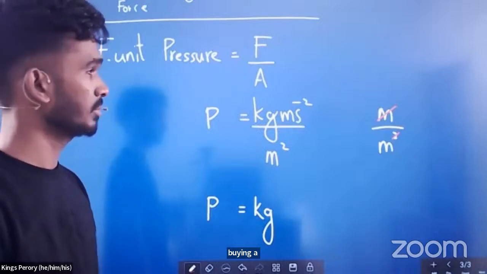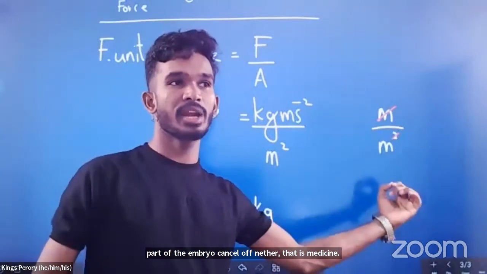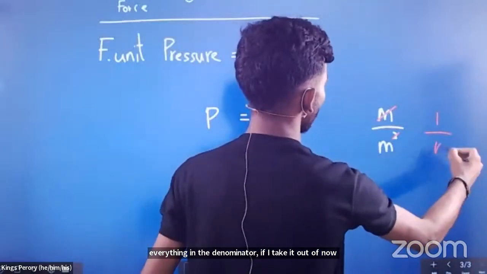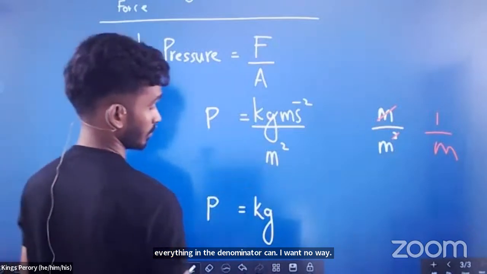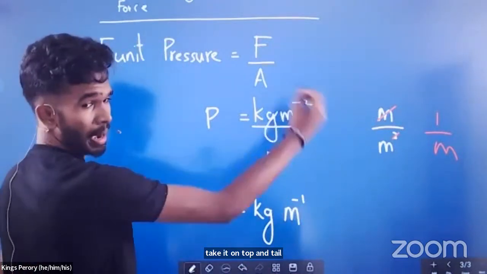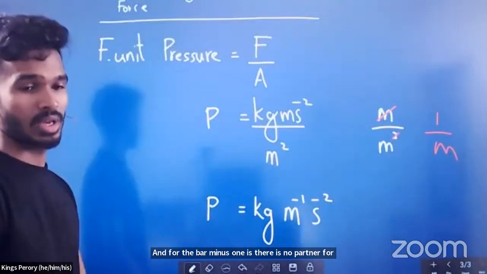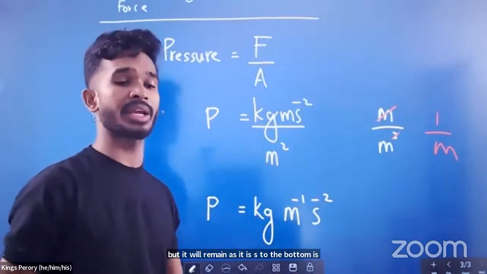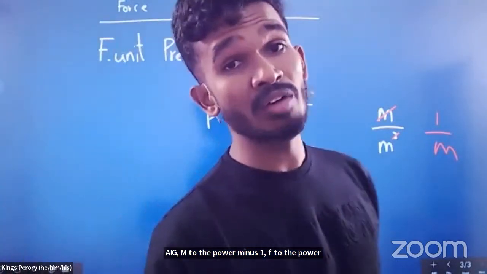That is maths. The m in the denominator, if I take it on top, becomes m to the power minus 1. There is no partner for s, so s will remain as it is, s to the power minus 2. Kg m to the power minus 1 s to the power minus 2 is the fundamental unit of pressure.